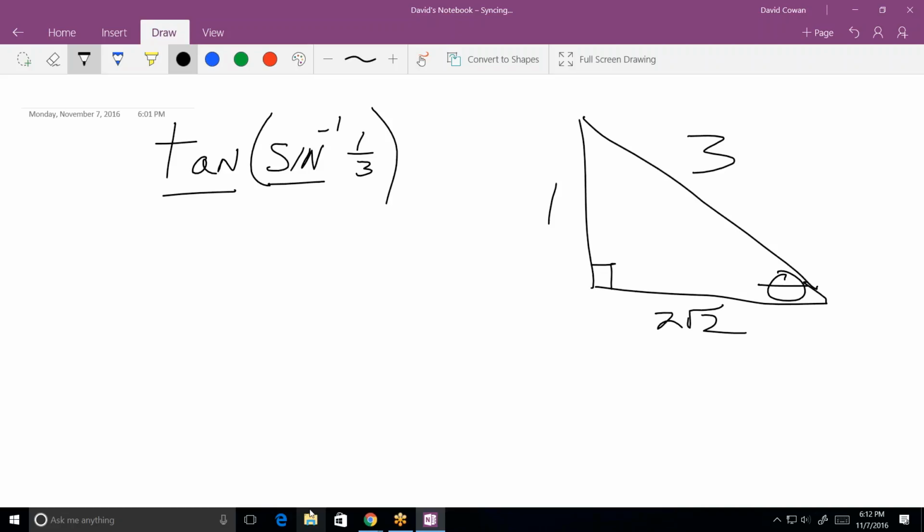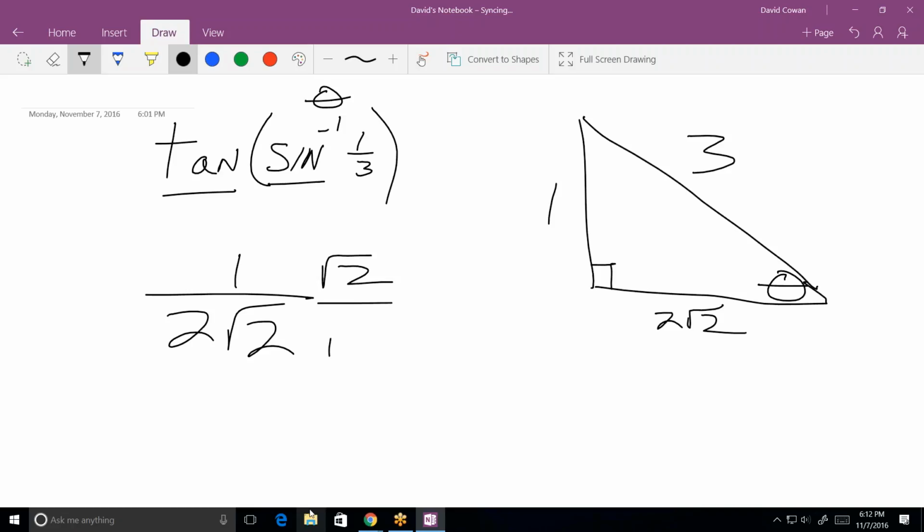That's theta. So I have the triangle. What's the tangent of theta equal to? 1 over 2 root 2, and then you have to rationalize, which rationalizes to root 2 over 4. There's your answer.